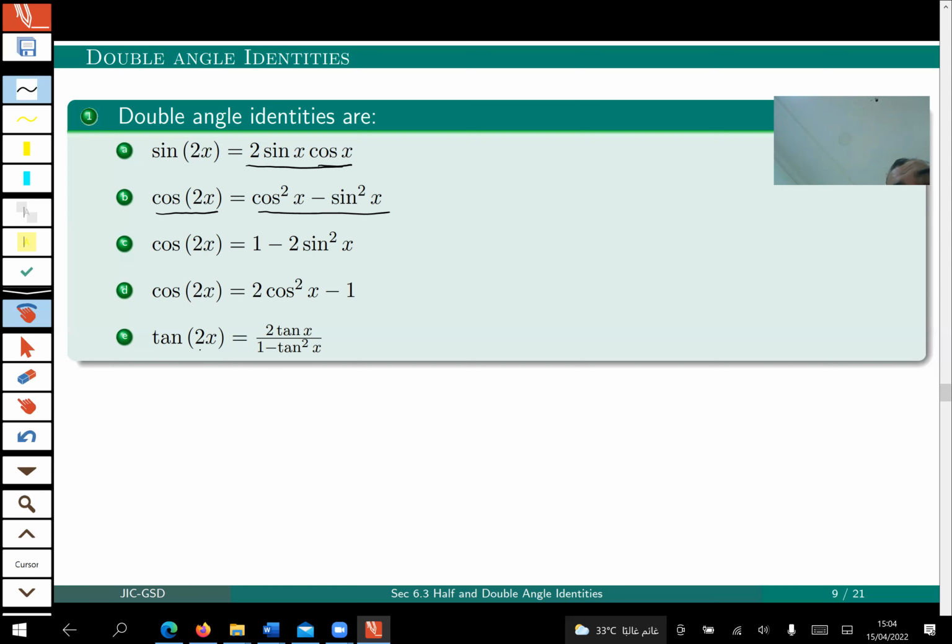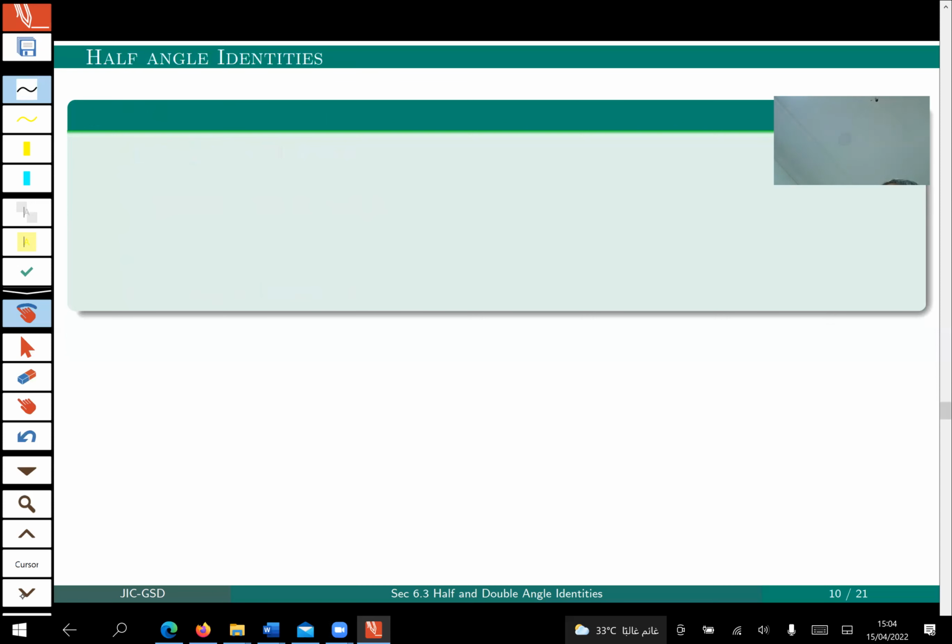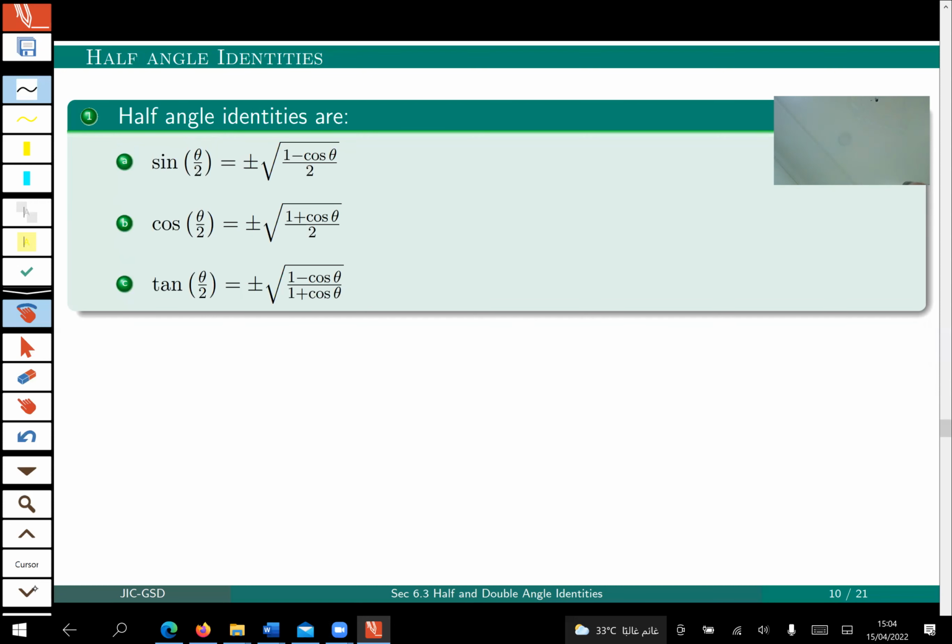For the tan double angle, tan 2x is 2 times tan x divided by 1 minus tan squared x.